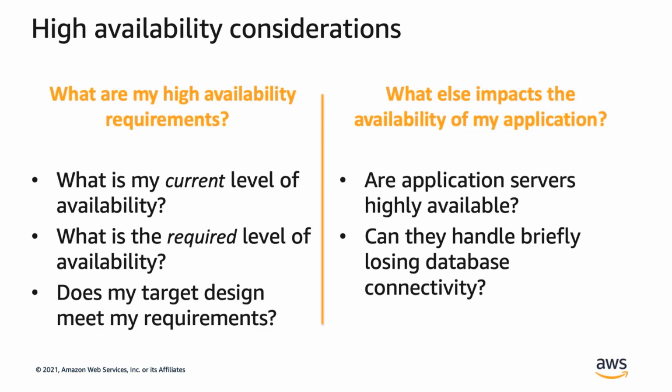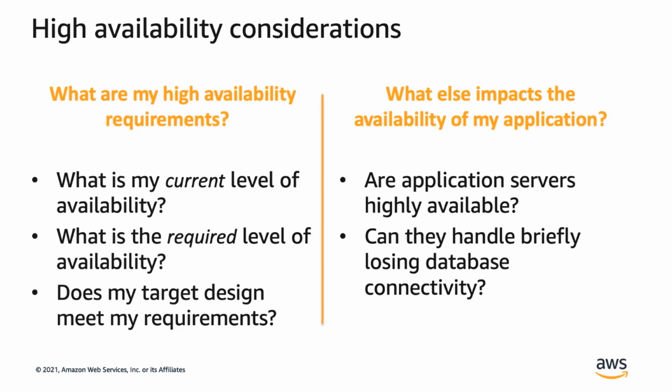As you know, the database is just one part of your application. So it is also important to understand the other things that impact availability. For example, are your application servers spread across all the availability zones in a region? Or do you have hard dependencies on some service or resource that is only configured in a single AZ or single region?